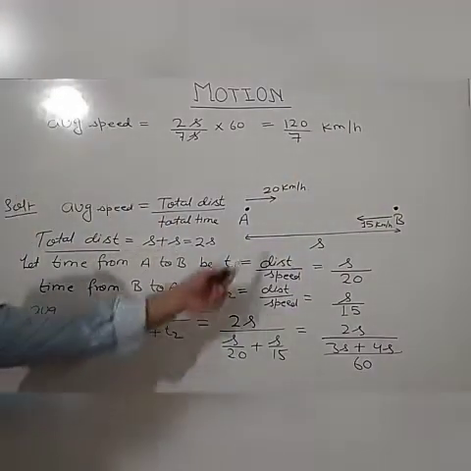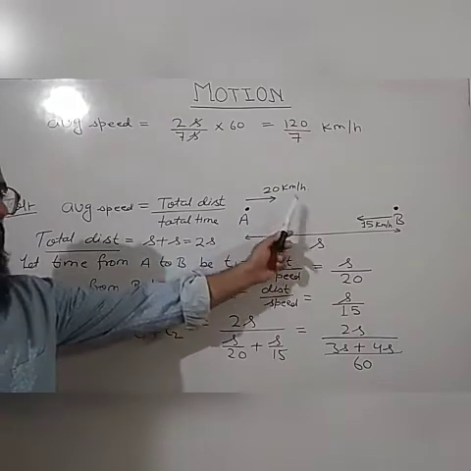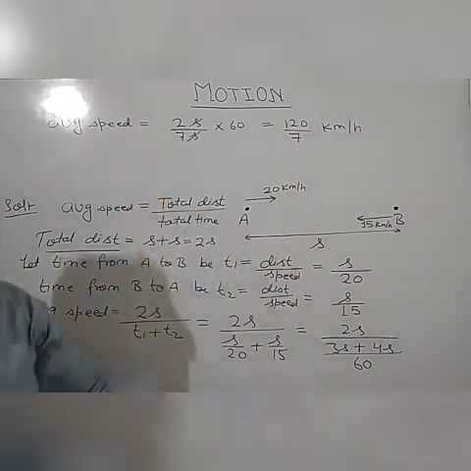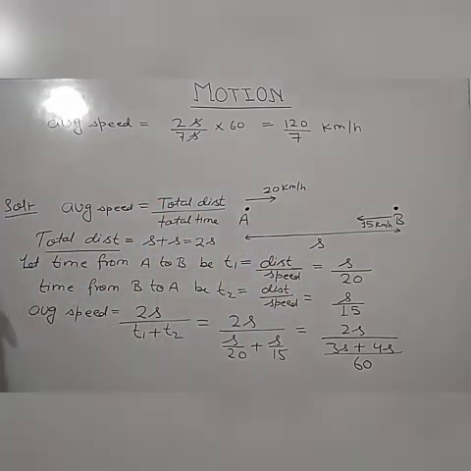Because both the speeds were given in terms of kilometer per hour, the average speed will also be in terms of kilometer per hour. Okay, so in this way we can find the value of average speed.